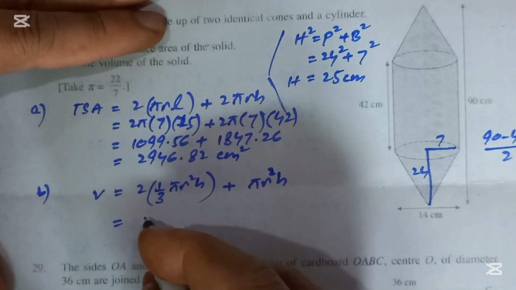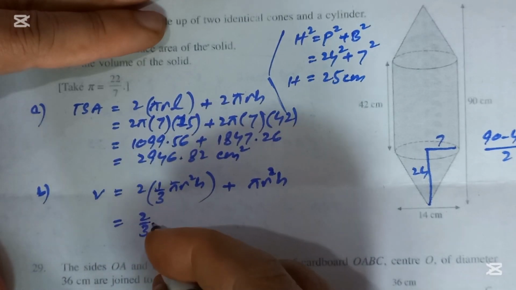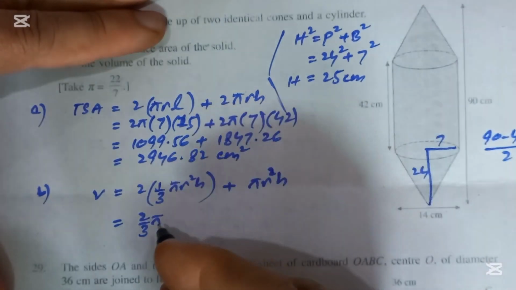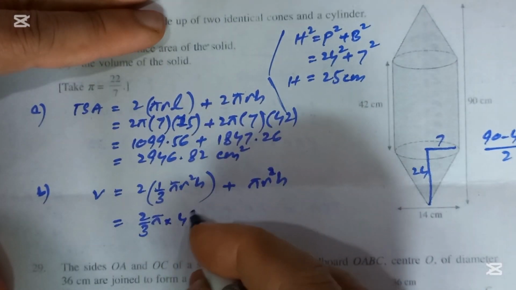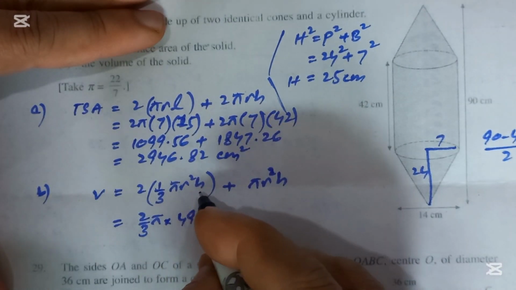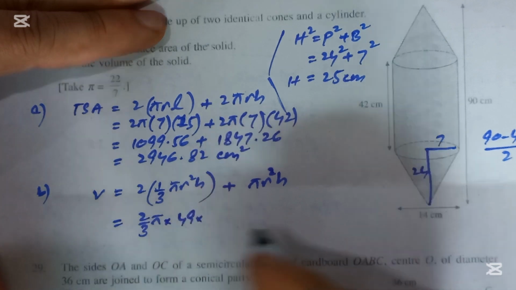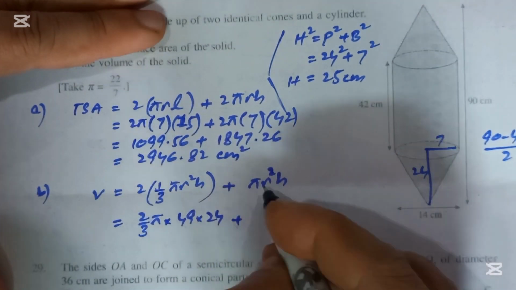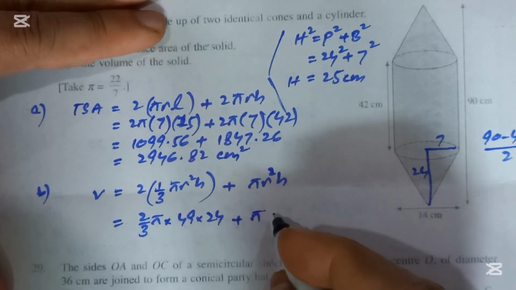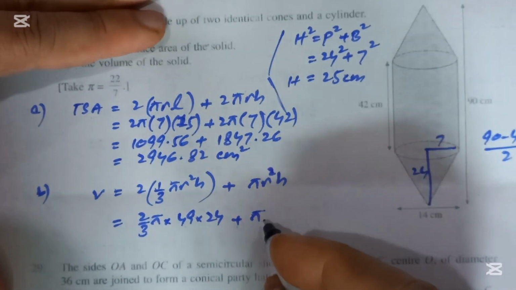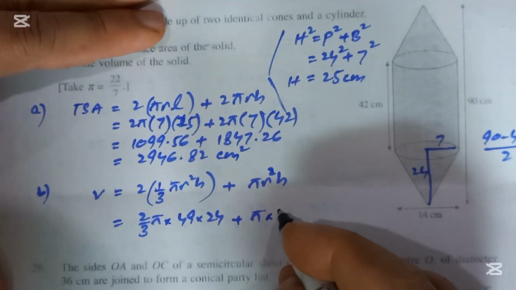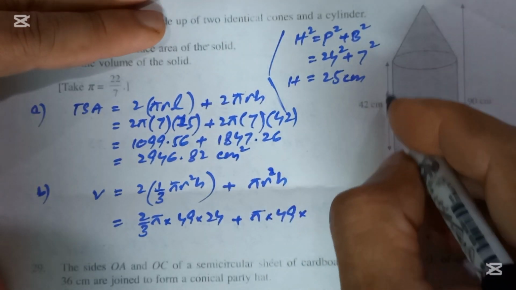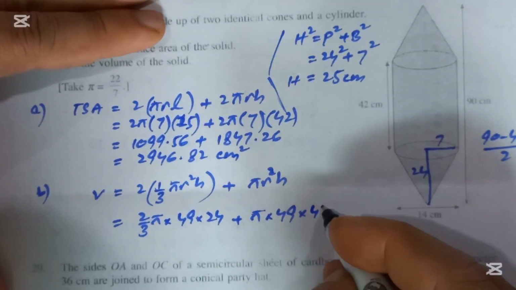Now put the values. 2 by 3 pi will remain as it is. Radius of the cone is 7, so it will be 49. Height of the cone is 24. Plus here is cylinder, pi will remain as it is. Radius of the cylinder is 7, so it will be 49 r square, and h of the cylinder is 42.